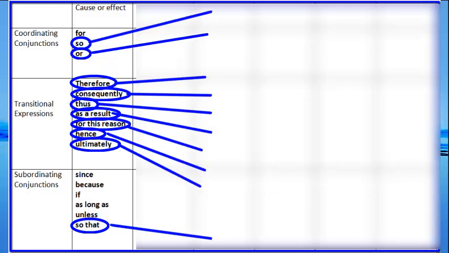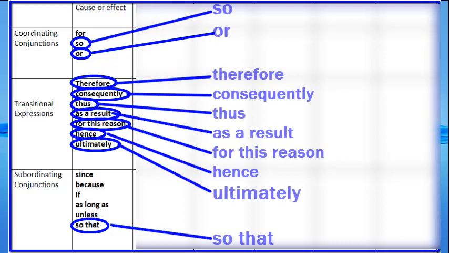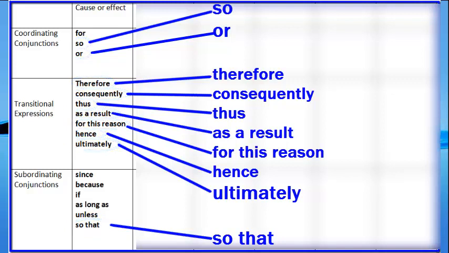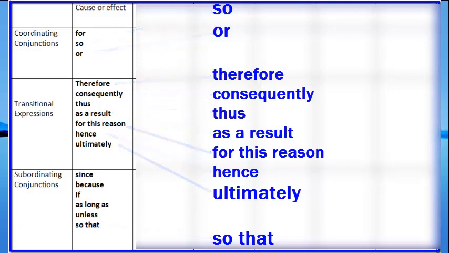Now we'll look at coordinating conjunctions, transitional expressions, and subordinating conjunctions that show effect. So, or, therefore, consequently, thus, as a result, for this reason, hence, ultimately, so that.